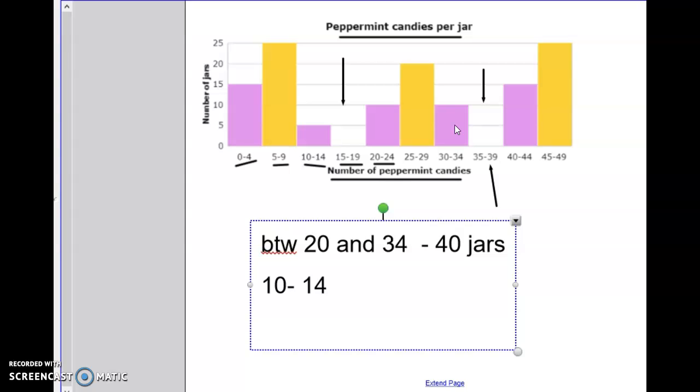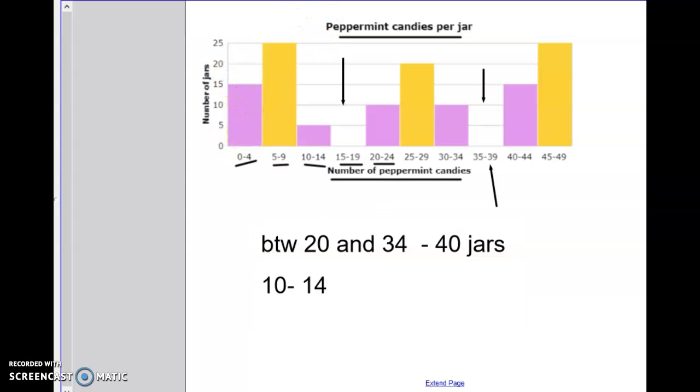Okay, there's one more question. If I ask you how many total jars were reported in this survey, then this is going to be a little bit tricky and it's going to take a little bit of time. It's not that difficult, but it's just going to take time. That means you're going to have to add up all of the bars.